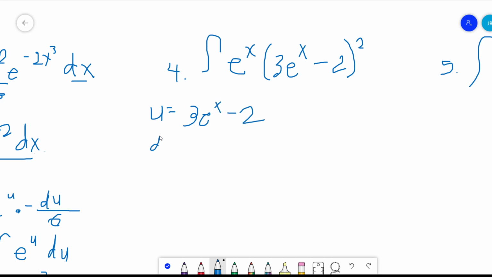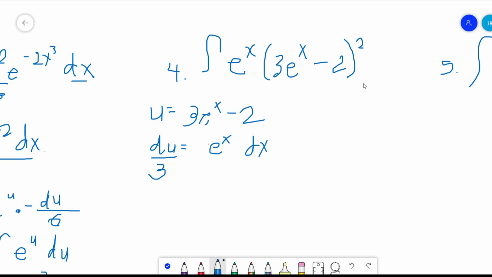So what's the du of this one? du equals 3e^x minus 0, so that's directly this one. Okay, divide both sides by 3.